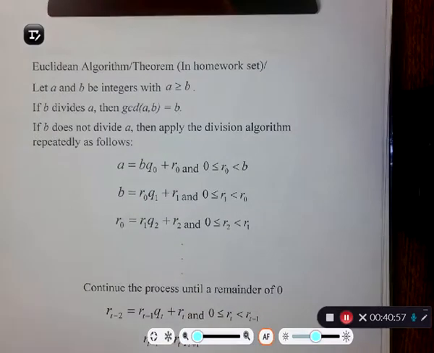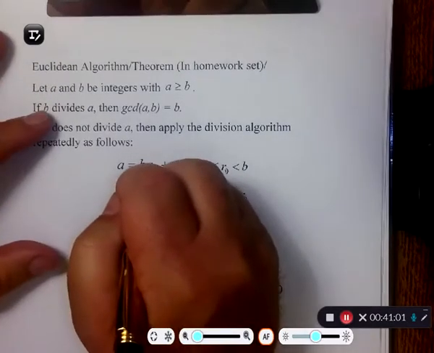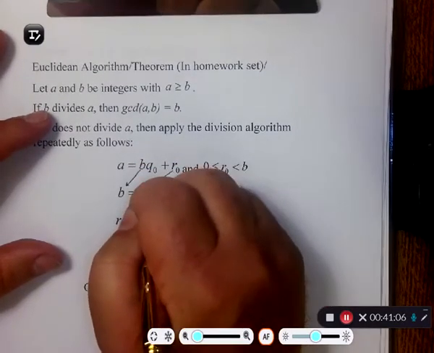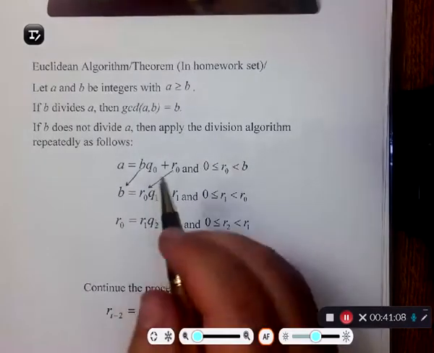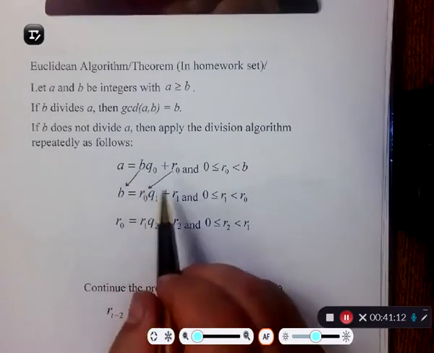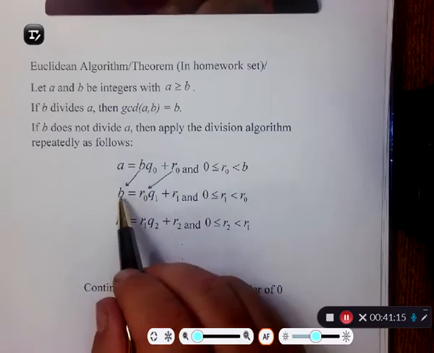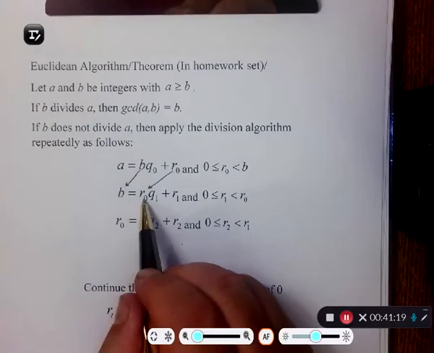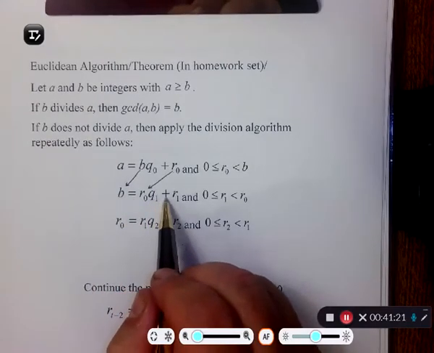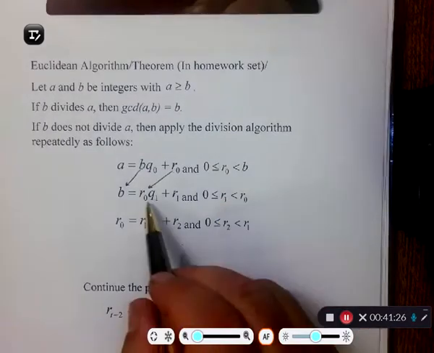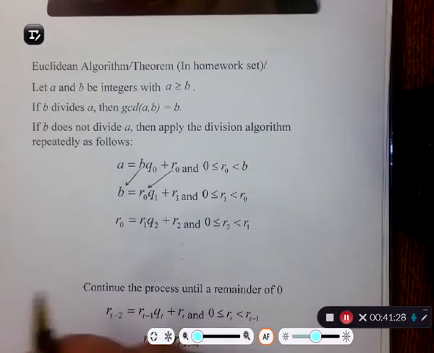Then what you do is you shift. You take your divisor, and it becomes the dividend. You take the remainder, and it becomes the divisor. You keep doing it again. So you're going to take the remainder and divide it into the previous divisor. The dividend, which was the divisor first, is equal to the remainder times a different quotient plus another remainder, where that remainder, R1, is going to be less than what you were dividing by, R0. And again, we shift.